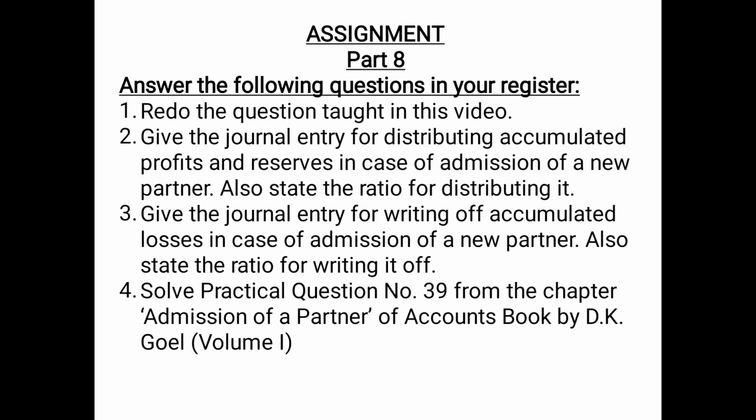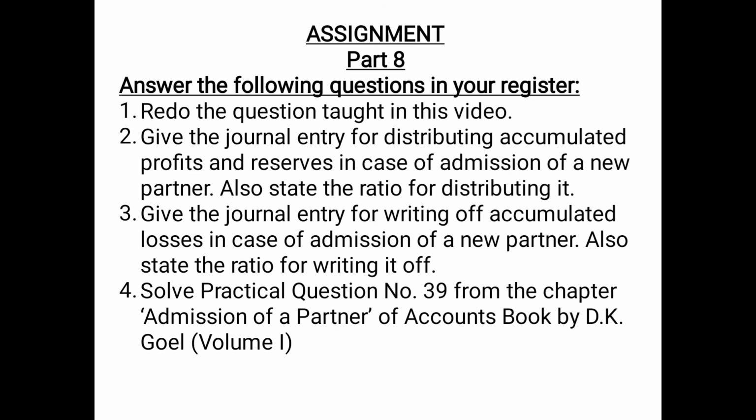The entry for this will be undistributed profit account debited or reserves account debited, or we can say general reserve account debited, profit and loss credit balance account debited, reserve fund account debited to old partners' capital or current account. Also state the ratio for distributing it. So the answer to this will be, this reserve or profit will be distributed in the old ratio.